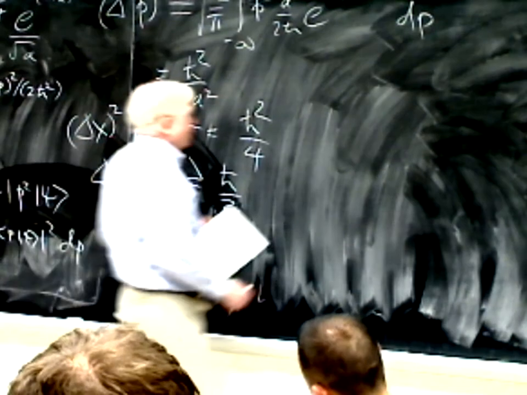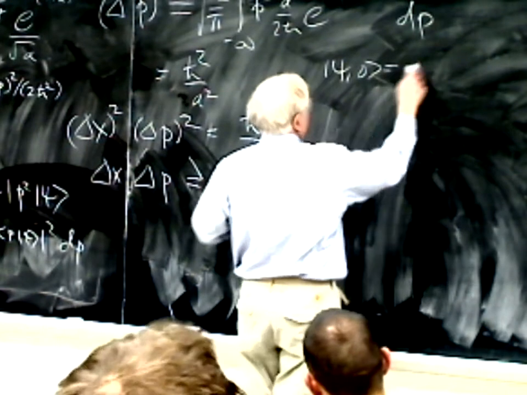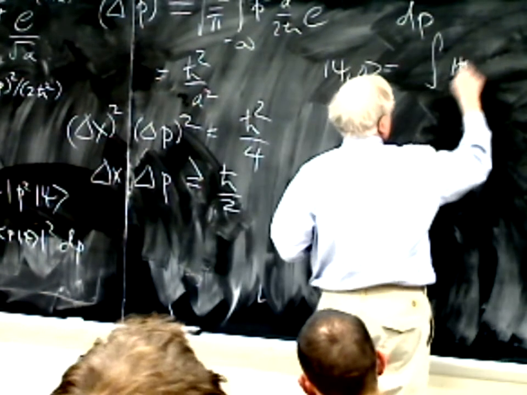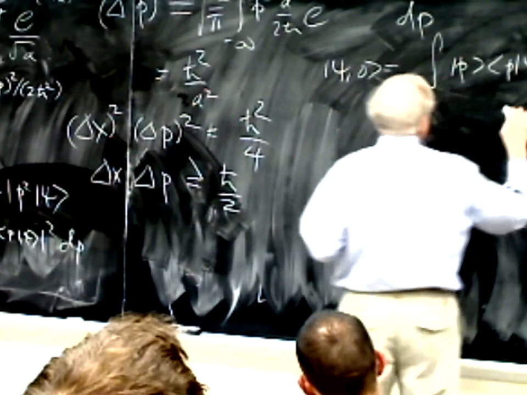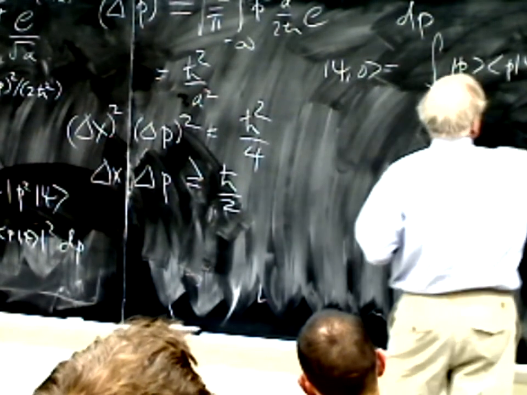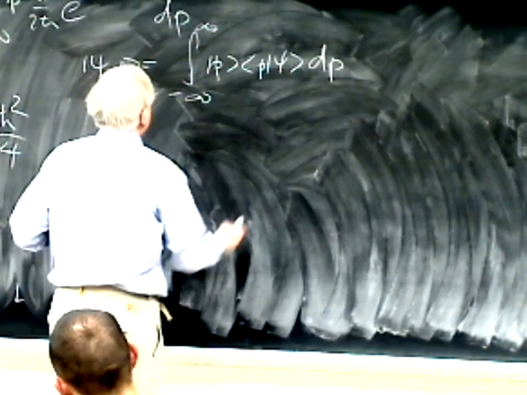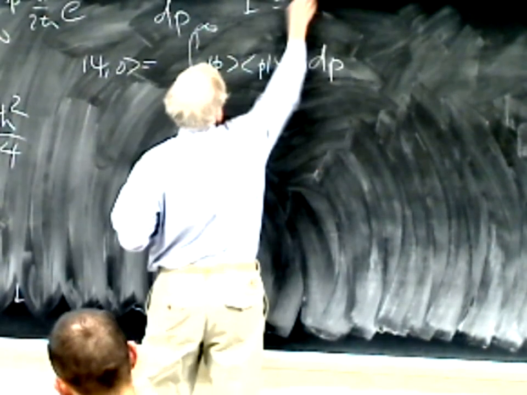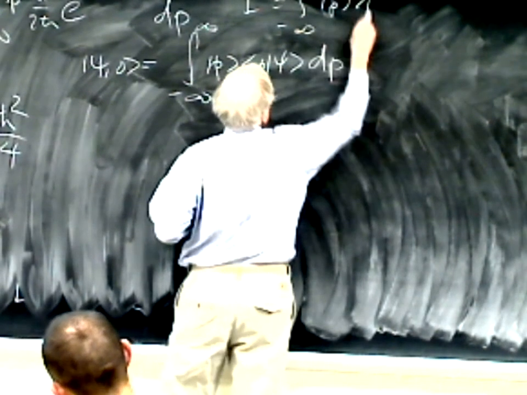So just one more. Suppose the state psi of 0 is written as the integral of dp, p, psi, just inserting the identity operator there, from minus infinity to plus infinity.